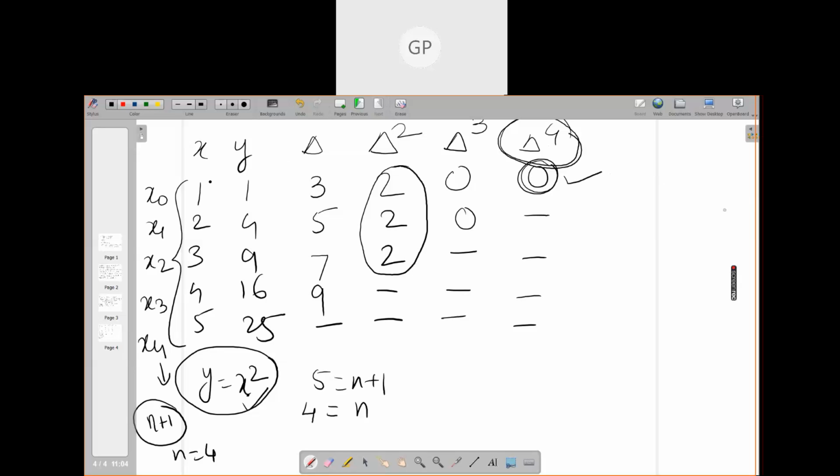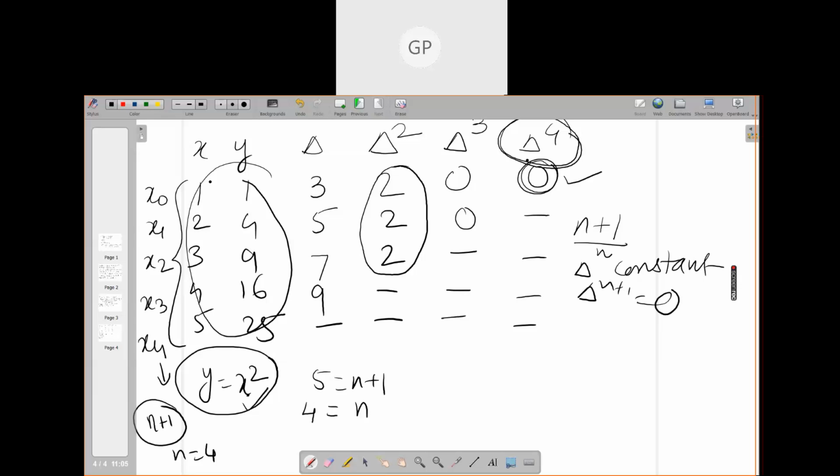This is what we are now conversely assuming: when you have a tabulated function like this, and you observe that with n plus 1 values, delta raised to n is constant and delta raised to n plus 1 is 0 or vanishes, then there is always a polynomial of degree n which connects x and y by a function. Is that okay?